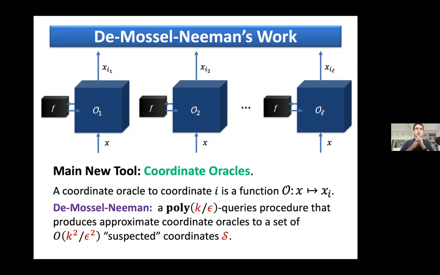Notice that if indeed the variables of the junta sit inside this set S, this set of L coordinates, then we are in good shape because we have in some way reduced the number of coordinates from n to order k squared. Again, I'm sort of ignoring dependence on epsilon throughout the talk. I'm putting more emphasis on k.